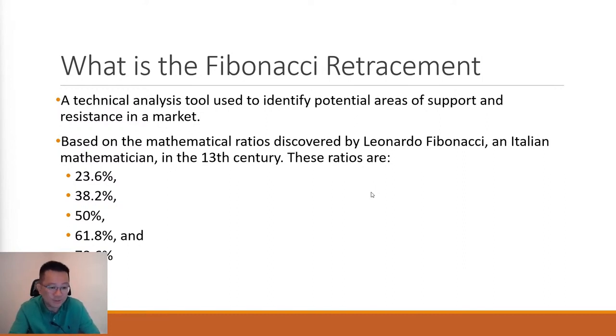You look at the way shells are made and all the different things in nature, we do see that distribution across those different percentages: 23.6, 38.2, 50, 61.8, and 78.6. And we all know that the big key number is that 61.8 level.